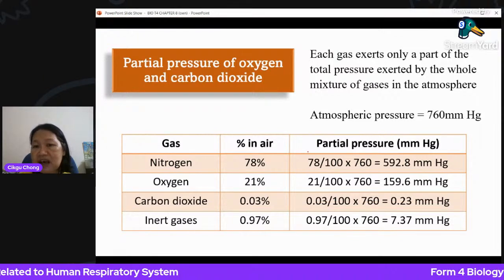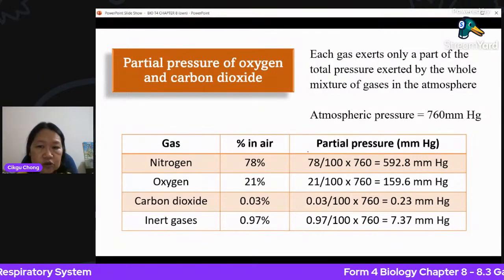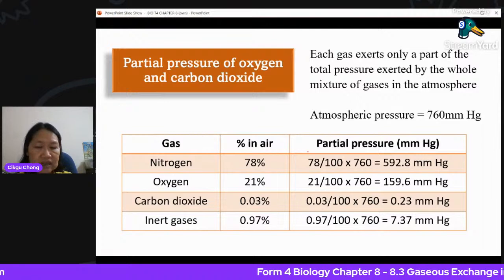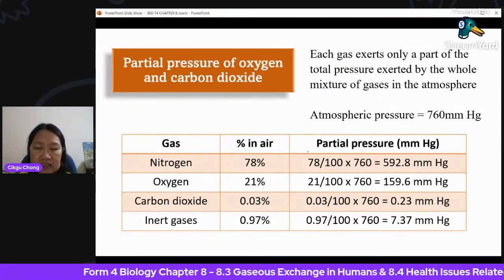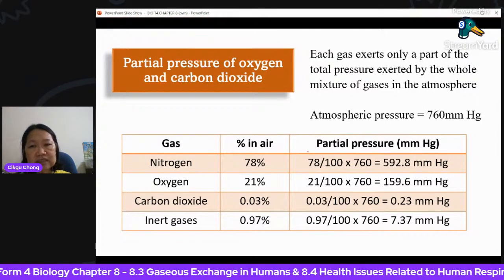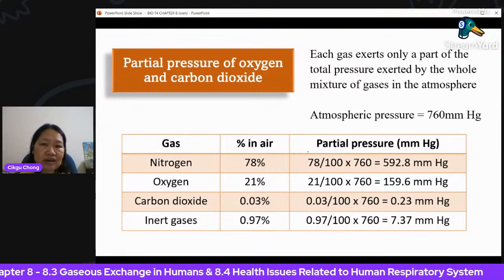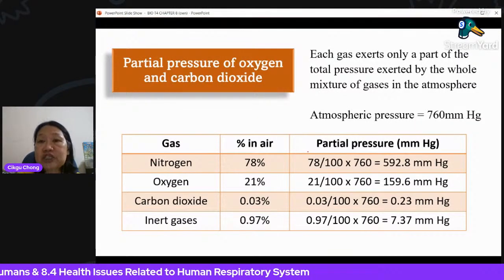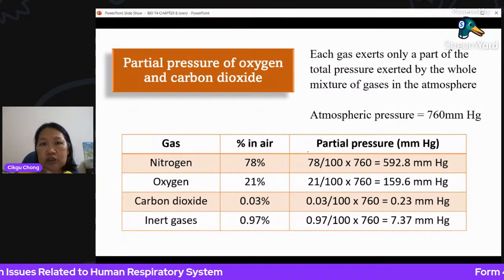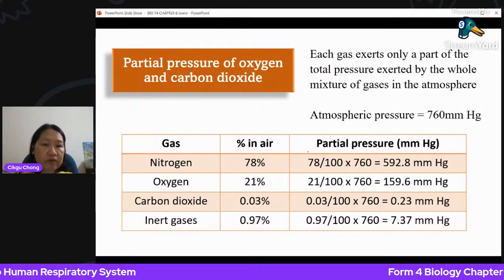If we add up all these, 592.8, 159.6, 0.23 and 7.37, you will get 760 millimeters of mercury. So each gas contributes a different amount of pressure to the entire volume of gas.